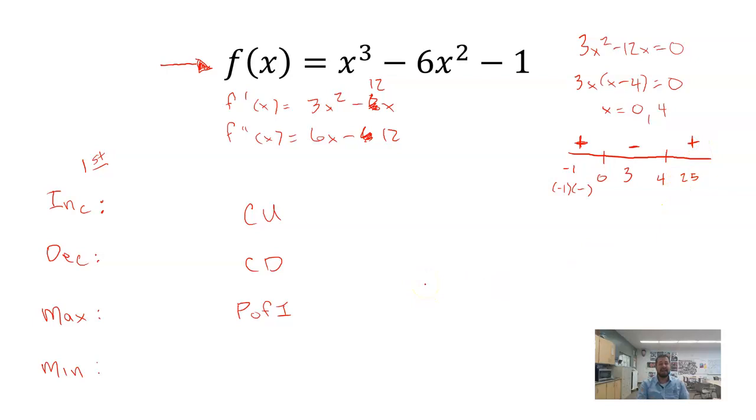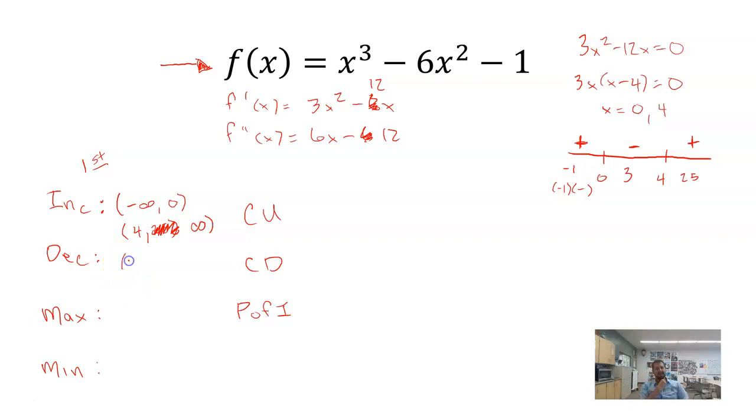Now what that tells me, because we're using the first derivative, is that this function is increasing from negative infinity all the way to x equals 0, and it's also increasing from 4 all the way to positive infinity.